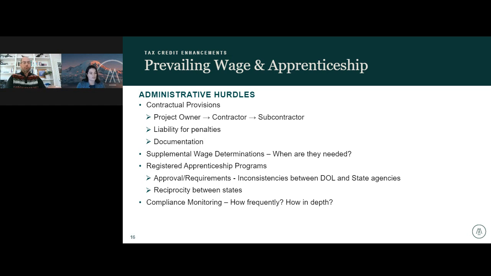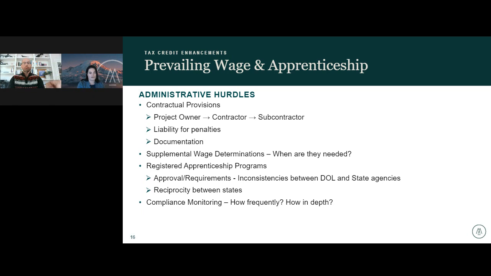Again, registered apprenticeship programs, either utilizing existing programs, creating your own, getting approval for those programs. We are seeing some inconsistency between Department of Labor requirements and state agencies and who is managing that piece. And then also, because again, we're dealing with sometimes highly specific technical specialties, reciprocity between states.